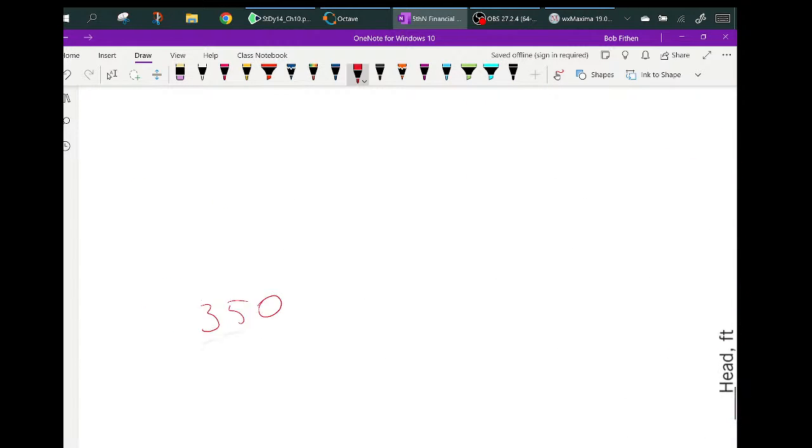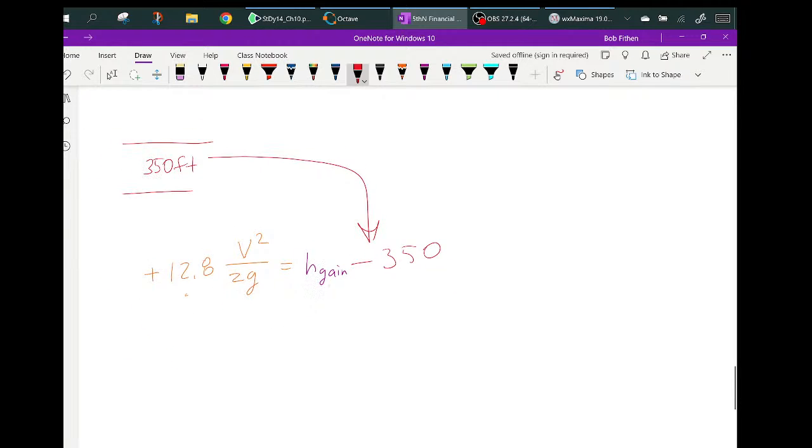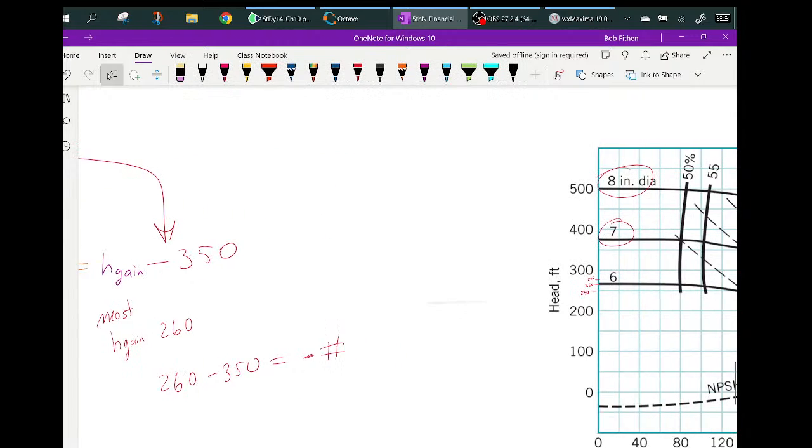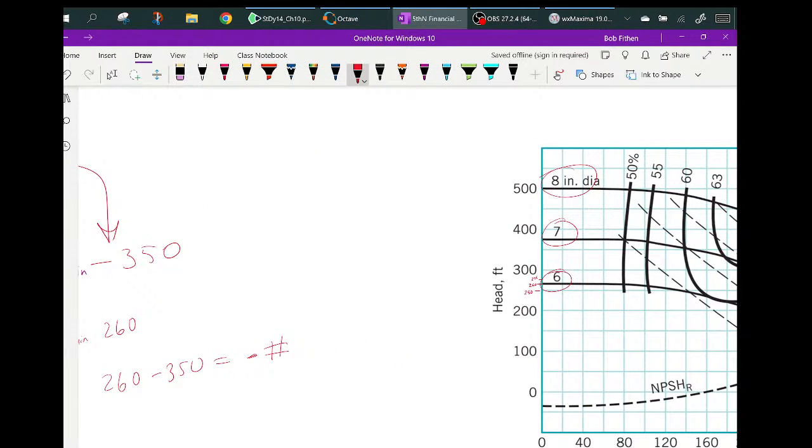So the 6-inch diameter, the most head gain it can get is 260. So if you look at that, 260 minus 350, that's a minus number. So already this 6-inch diameter pump, this is a 6-inch diameter.